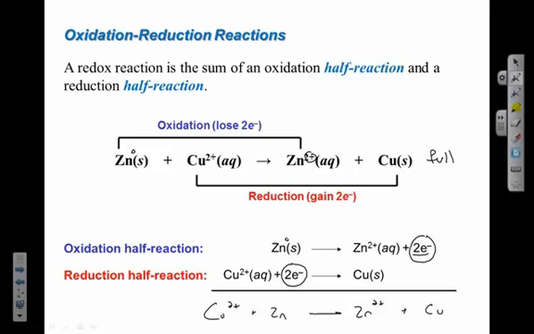Why is it that the zinc has a tendency to lose 2 electrons? Why not lose 1 or 3? Why 2? This is good. Most of you are looking at the periodic table. It's a good sign. So if we look at where zinc is as a neutral atom, it has an argon core, 2 electrons in the 4s, and 10 electrons in the 3d.